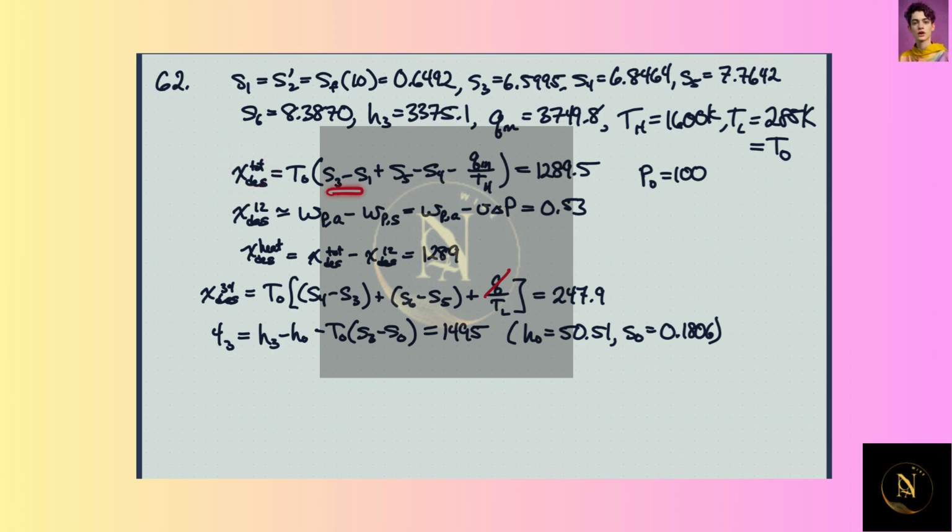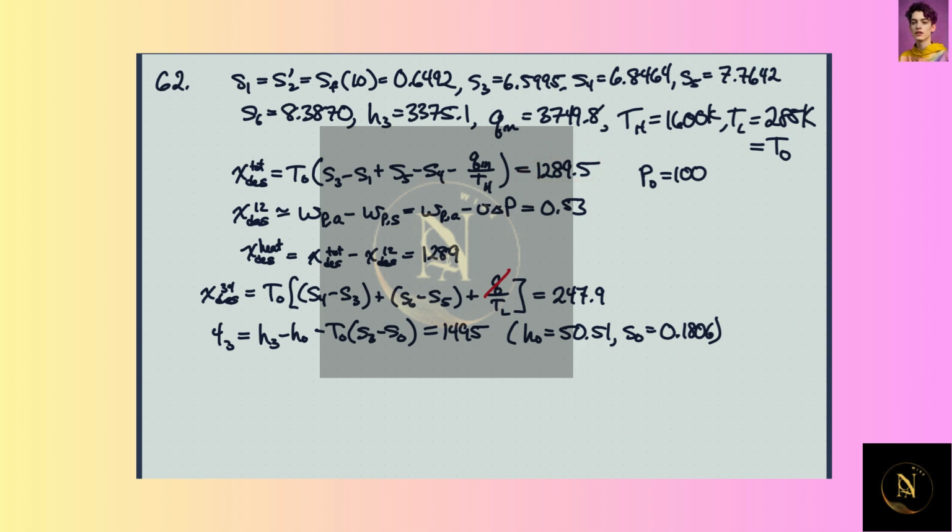Here's the change in entropy coming out of the boiler and going into the pump. And then this is the change in entropy of the stuff that's being reheated. And then we have the entropy from the heat transfer going into the boiler, divided by the source temperature.